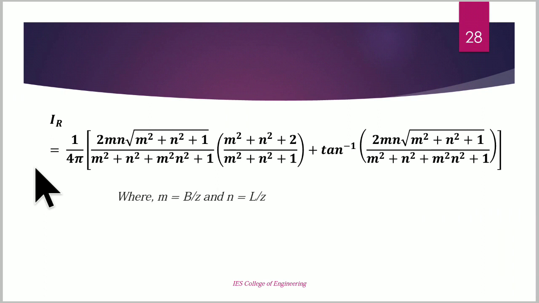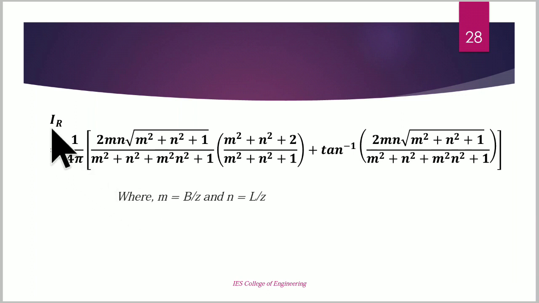As we told before, influence factor IR can be represented in terms of breadth and length of the loaded area, and the depth of the point at which the stress is required. So we can express it in terms of B, L and z. Here m is equal to B by z and n is equal to L by z.